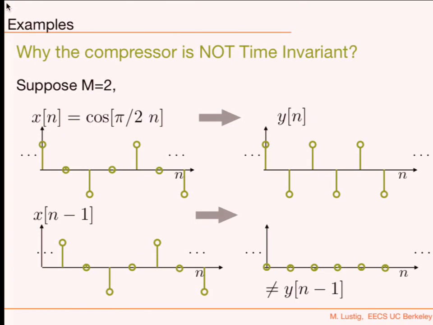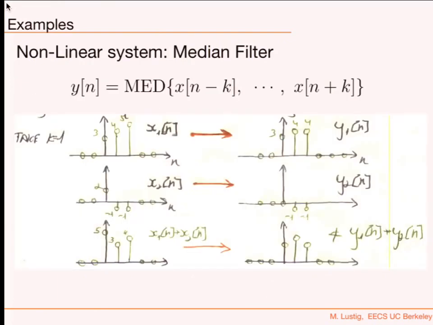All right, so let's look at another example, a nonlinear system. Here's a really useful nonlinear system, which is the median filter. Do you know what a median filter is? Do you know what a moving average is? It's an average that moves. So if I have a signal, I compute the average over a certain finite set of samples.